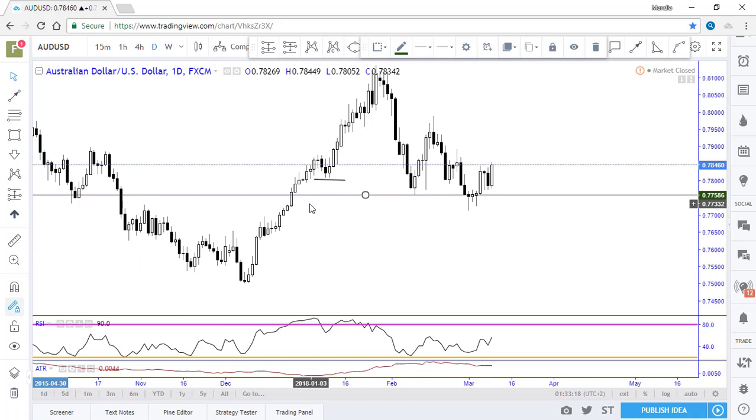That is often a sign from the market that it still wants to go lower, or at least it will retest these lows right here.